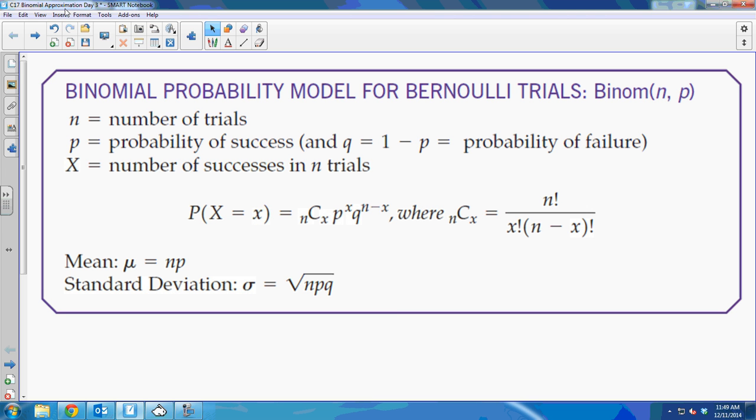What's the probability that I get the first heads on the fourth flip? What's the probability that I get 4 heads when I flip a coin 7 times? Those types of questions we're answering.